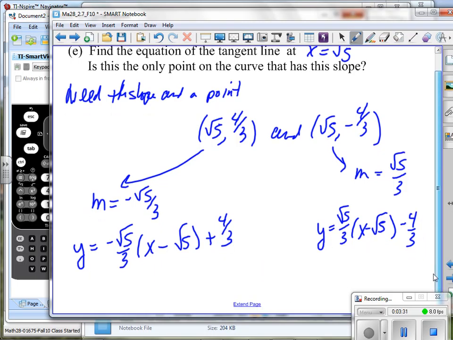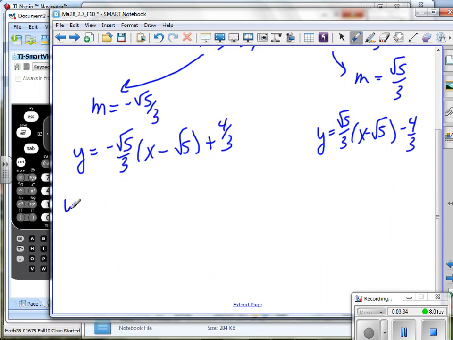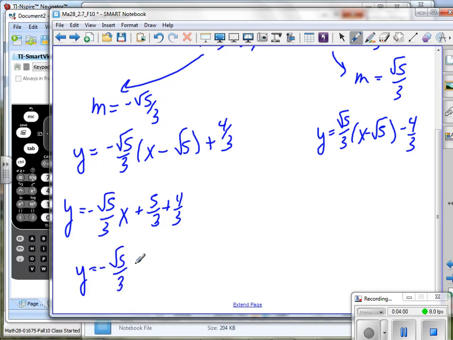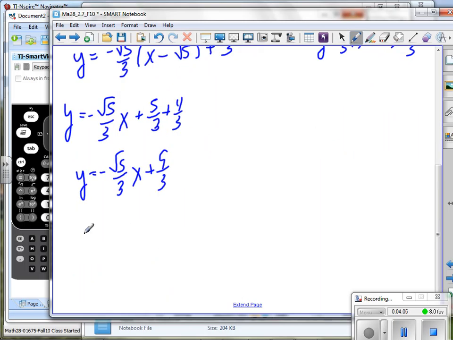Okay, y equals negative square root 5 divided by 3 x. Multiply these two together. Is that plus 5 divided by 3 plus 4/3? If I multiply the square root of 5 times the square root of 5, I get 5. So I have 5 over 3 plus 9/3, which is what, 3?